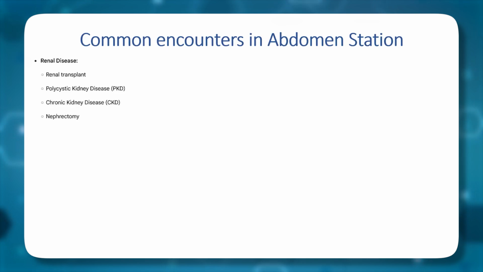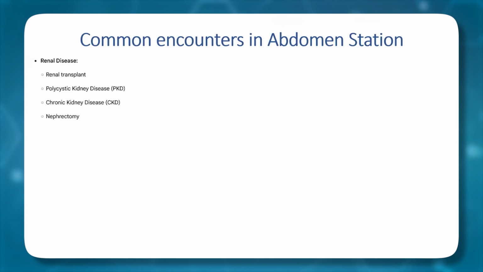So there is 90% or more chance that you will get the common encounters, but they may come in varied combinations. So in renal diseases, you get renal transplants, you get adult polycystic kidney disease, I mean the ADPKD, autosomal dominant polycystic kidney disease.